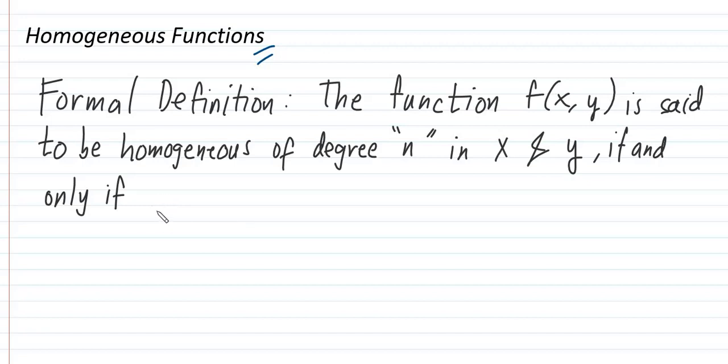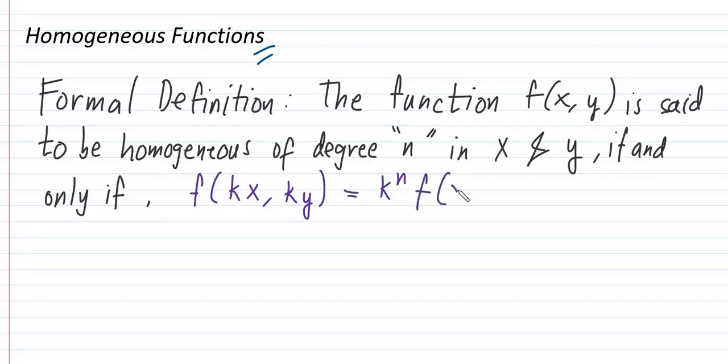If and only if it follows this formula, or this definition. If I get the function of, let's say, kx, ky, meaning I substitute my x with kx and my y with ky, I should get k raised to n multiplied by f of xy, where n is the degree of my function.